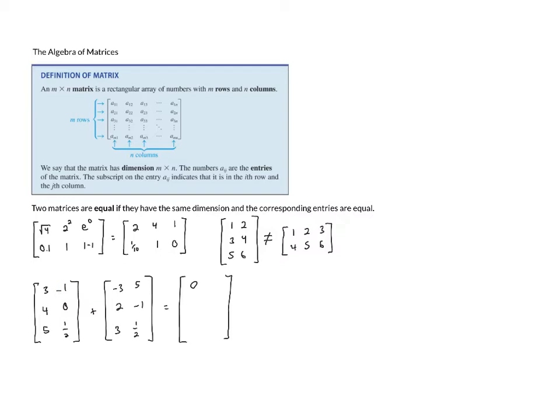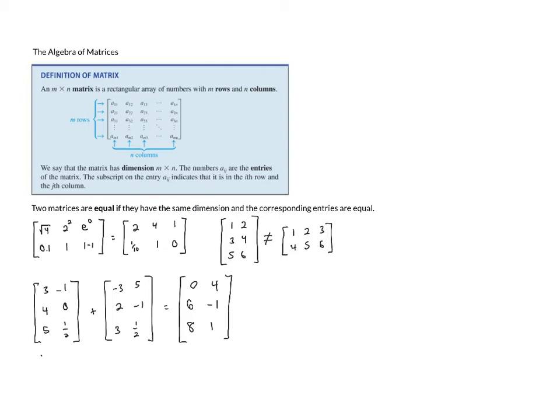We've got -1 plus 5, which gives us 4. 4 plus 2 gives us 6. 0 plus -1 gives us -1. 5 plus 3 equals 8. And 1/2 plus 1/2 gives us 1. So this is how we add two matrices with the same dimensions. Notice that if they had different dimensions from each other, then we could not add them together.